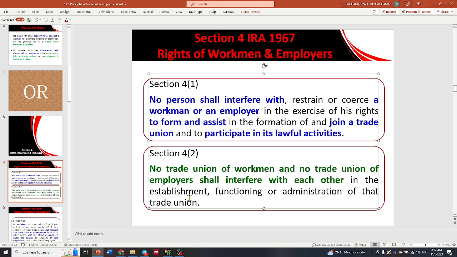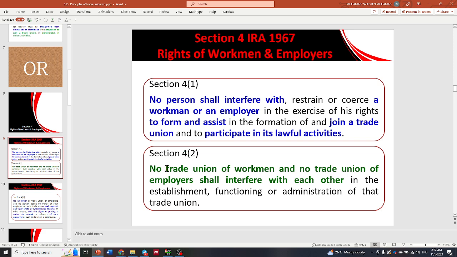Dia tidak boleh campur aduk dengan kesatuan dengan majikan tu. They have two separate entities dan juga tak dibenarkan ada one strict borderline administration daripada majikan, tak boleh masuk campur dengan pengurusan kesatuan pekerja ni. That is section 4 subsection 2.